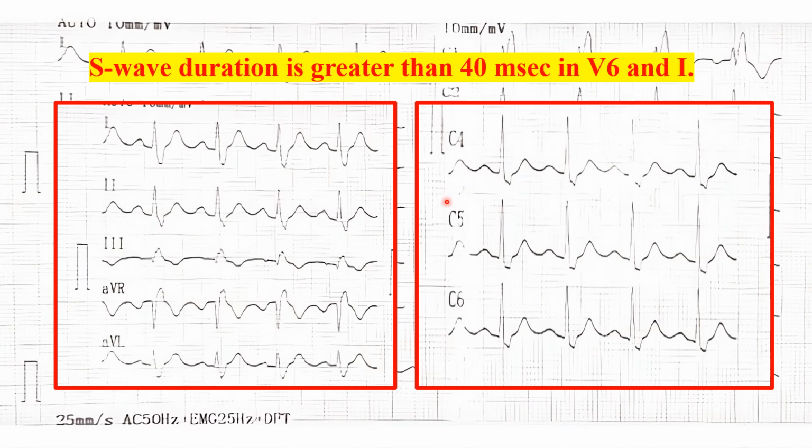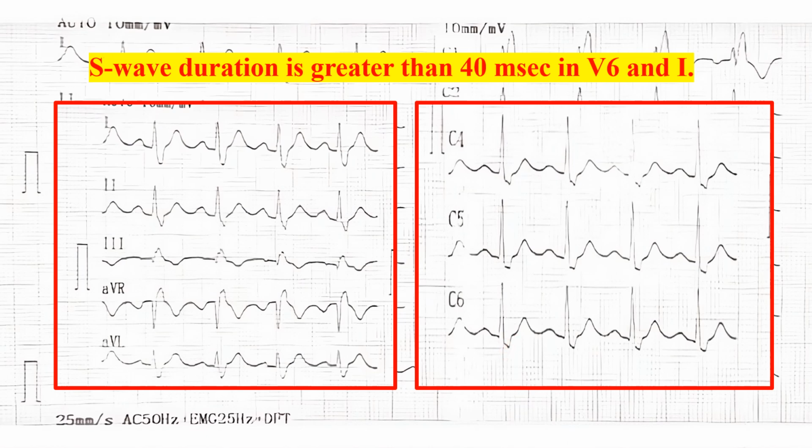This means the lateral leads. So this is lead 1 and this is lead V6, marked here by C6. We can see this delayed upstroke of the S wave coming back to the baseline. You can see very clearly there is a delayed upstroke of the S.